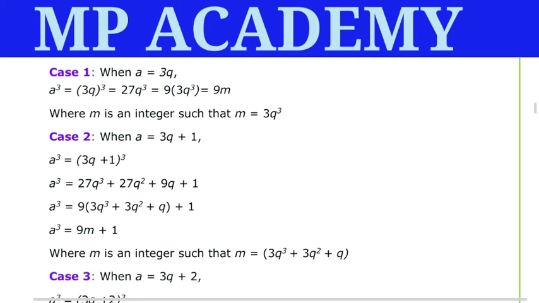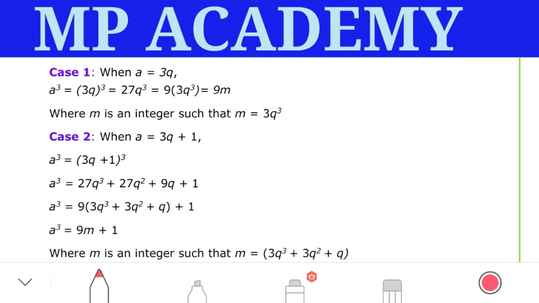Now case 1: if a equals 3q, then a cube equals 3q the whole cube, this is equal to 27q cube, which is 9 into 3q cube, equal to 9m, where m we take as 3q cube. So a cube is of the form 9m.